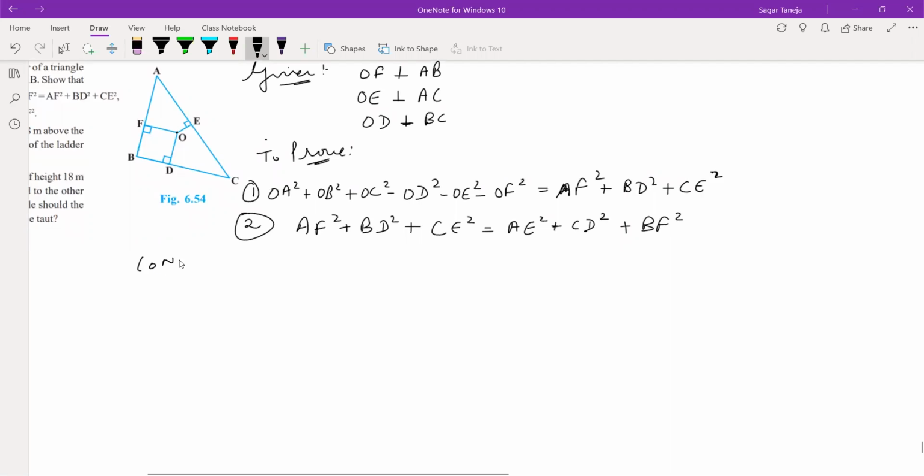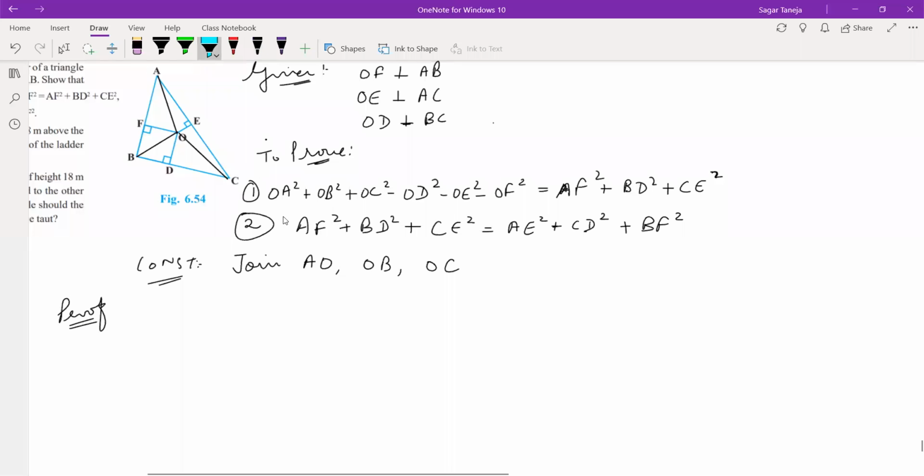For the construction, join AO, OB and OC. So joining these three lines, AO, OB and OC. Now prove.